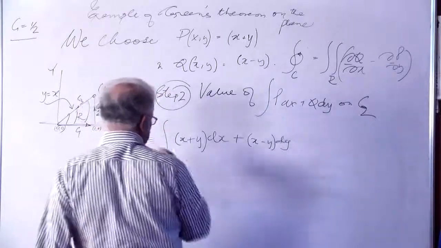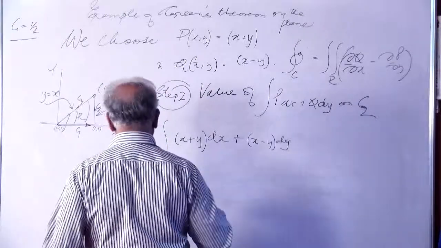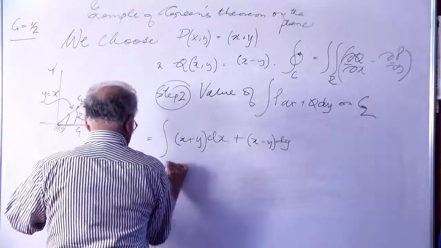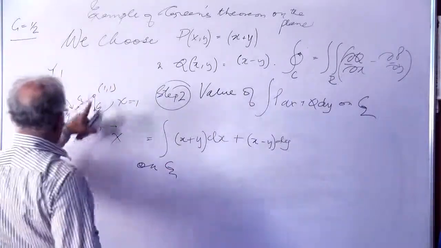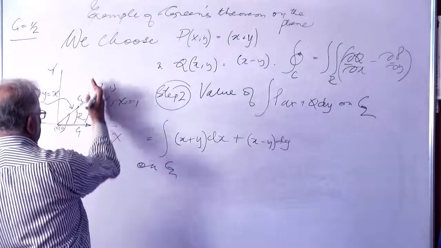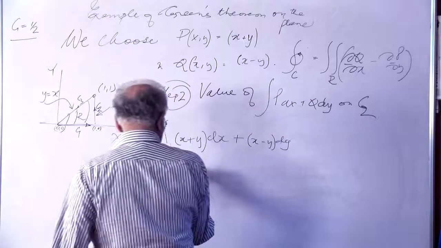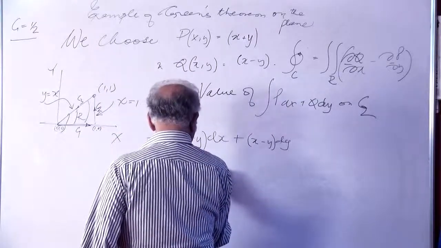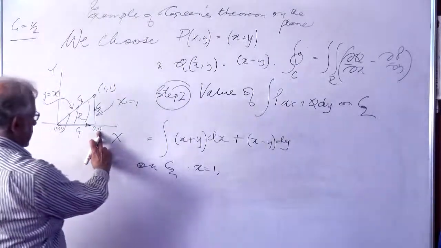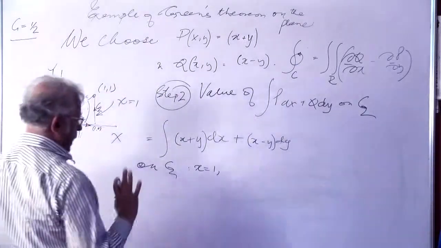So on C2 we can replace x with 1 because x has a constant value of 1. Y varies from 0 to 1, but x is 1.